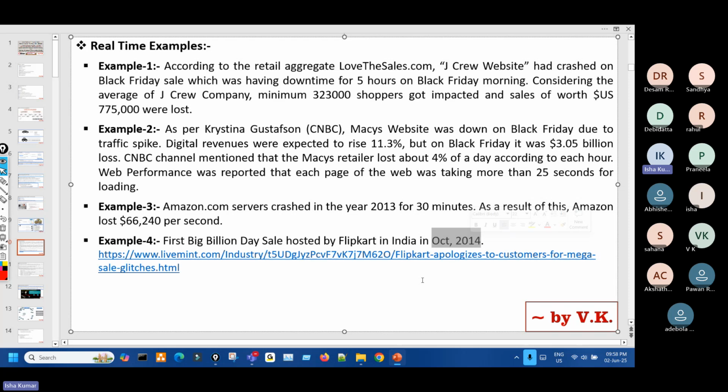When it introduced it the first time, it could not handle it. Suppose it was ready for 5 lakh users, but more than that came, and its application started crashing, and their first experience of the Big Billion Day sale did not go well, with technical glitches and other things. Because that is where we have to be ready beforehand.